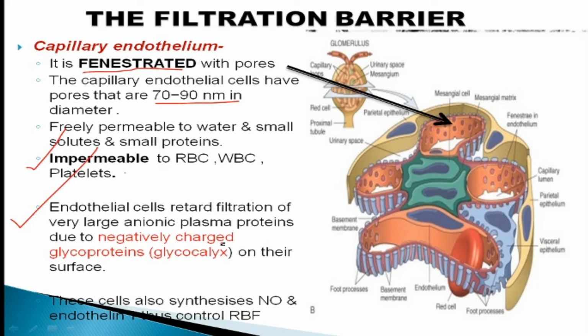So this is how the filtration barrier is made by the capillary endothelium, which allows filtration of just water and small solutes and avoids any kind of cell as well as anionic plasma proteins.